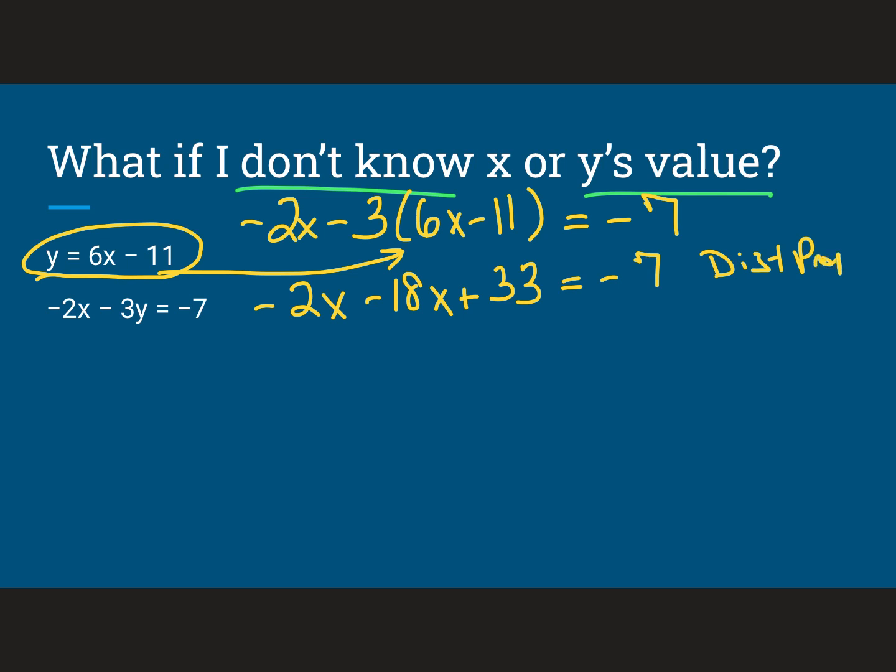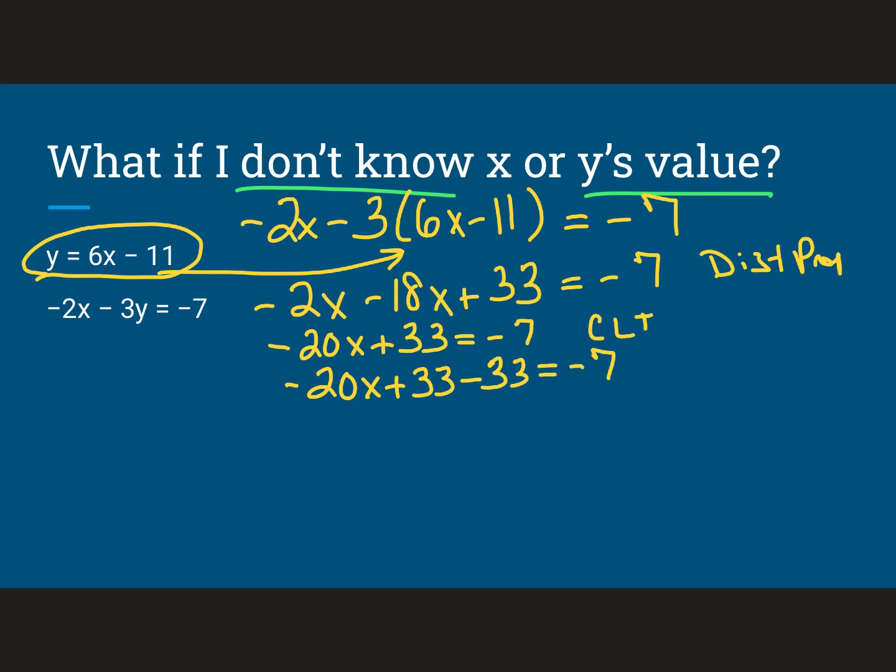Okay, so now let's combine some like terms. Negative 2x minus 18x is negative 20x. I still bring down the plus 33 equals negative 7. That was combining like terms. So next, I'm going to subtract 33 from both sides. So I have negative 20x plus 33 minus 33 equals negative 7 minus 33.